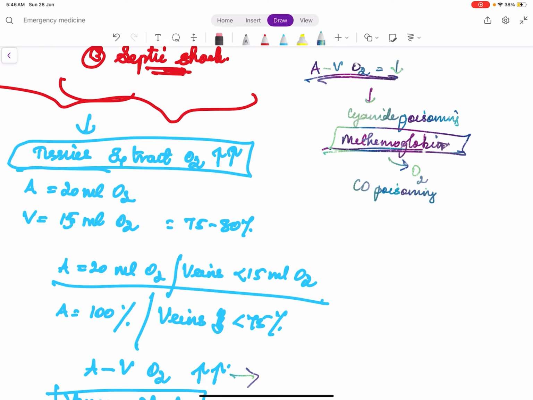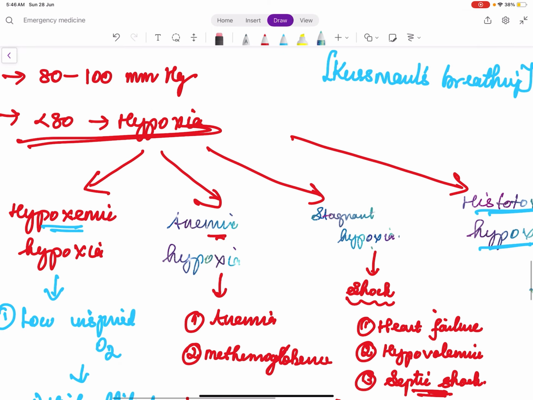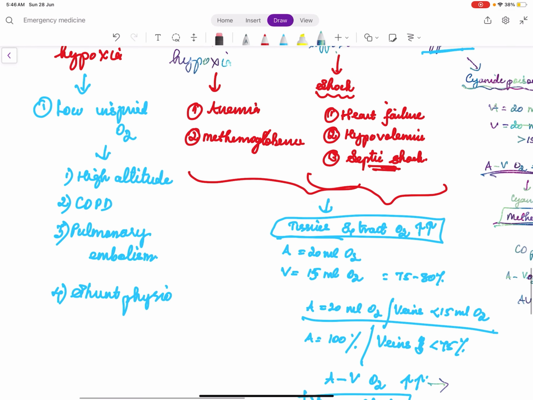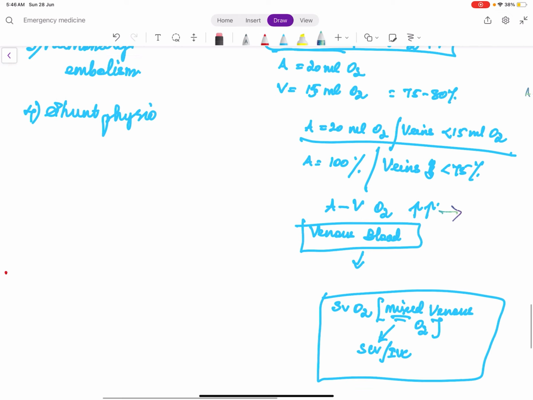Even though oxygen binds to the hemoglobin, oxygen is not getting released into the tissues. So here again what happens? The venous oxygen will be high. So the arterial venous oxygen difference will be low. Correct? So to discuss hypoxia, you should know something about this AV oxygen difference.